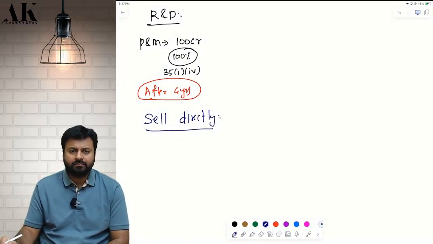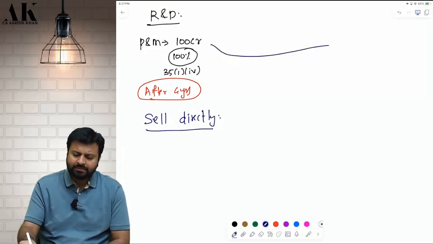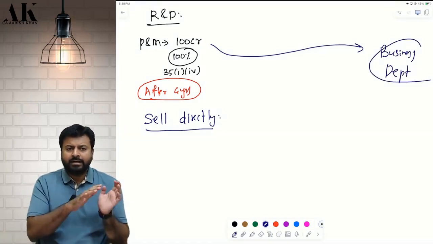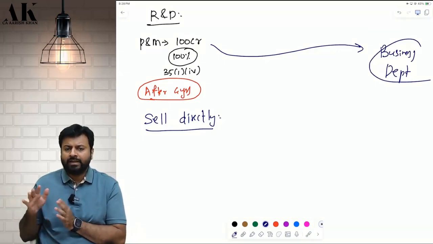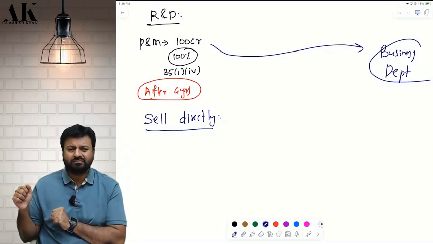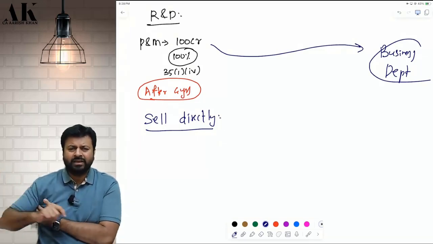Second option, I can send this machinery to the business department. I can send this machinery to my finance department, they will use it. To my HR department, they will use it. Are you clear? Rather than selling it, I thought that let's use it in some other part of the business.